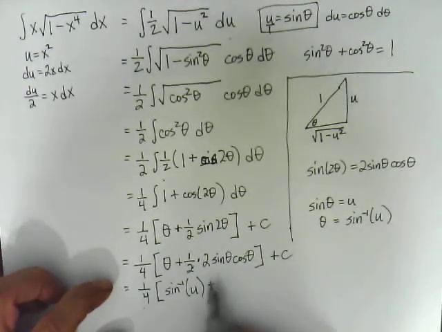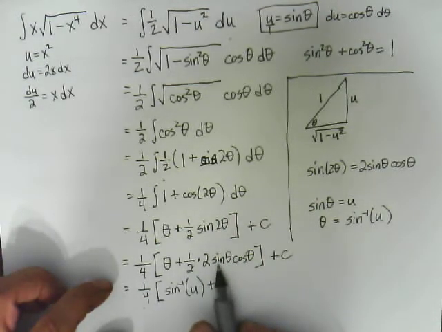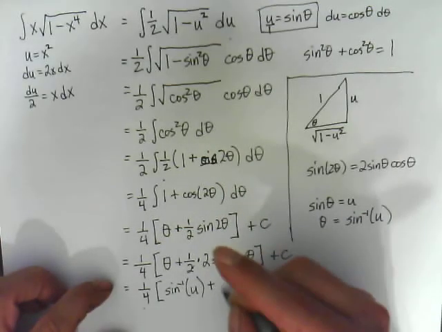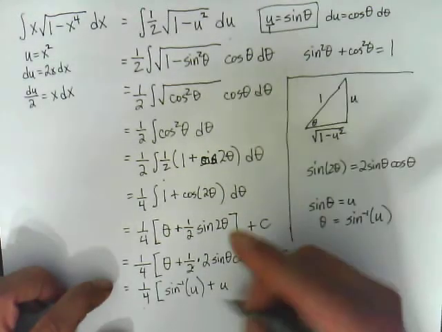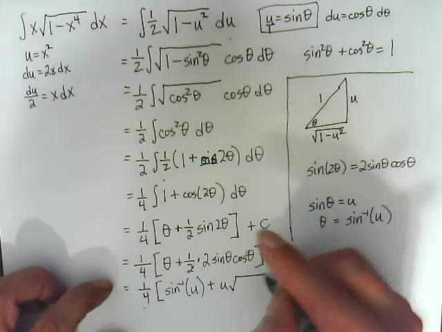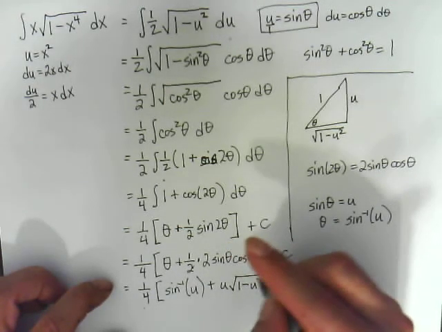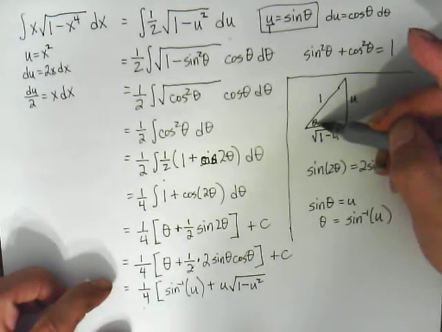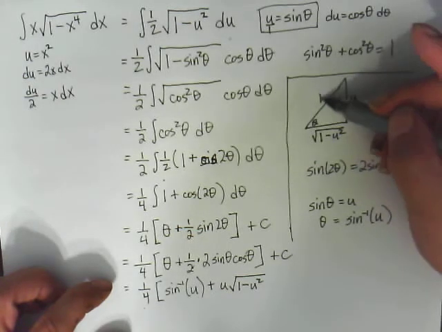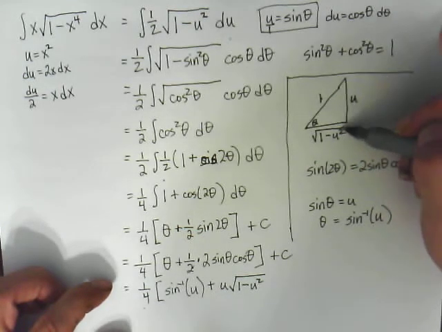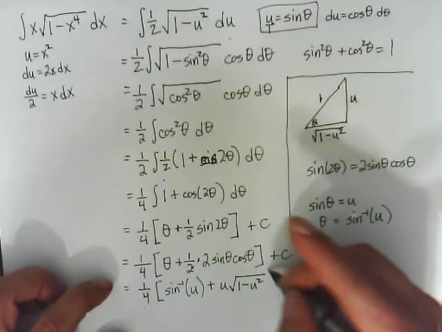That's great. Sine theta is u, and cosine theta is the square root of 1 minus u squared. Where does that come from? Well, if this is theta, sine is opposite over hypotenuse, and cosine is adjacent over hypotenuse. So that's where that goes.